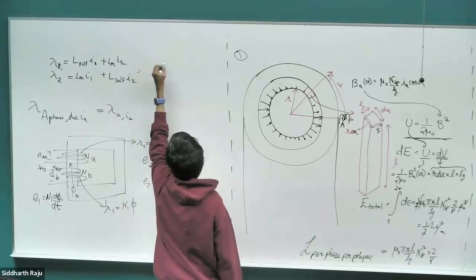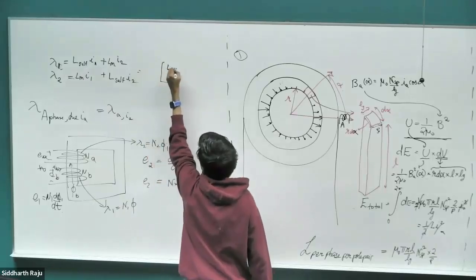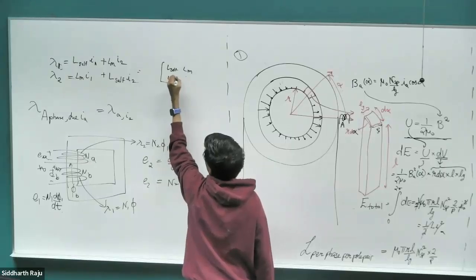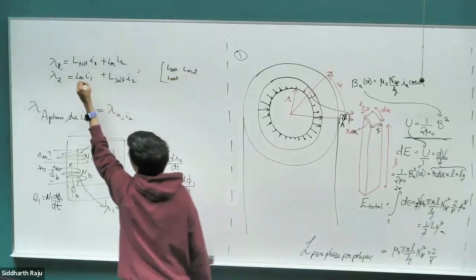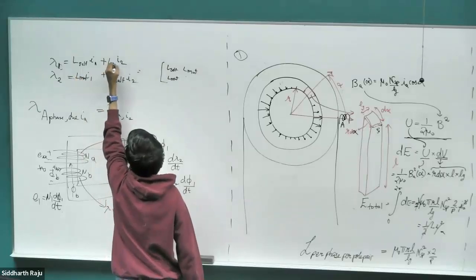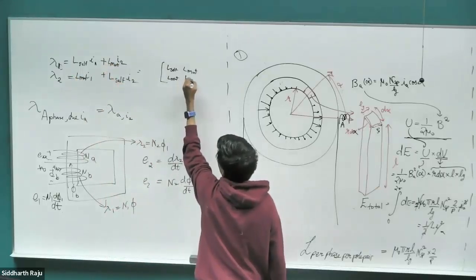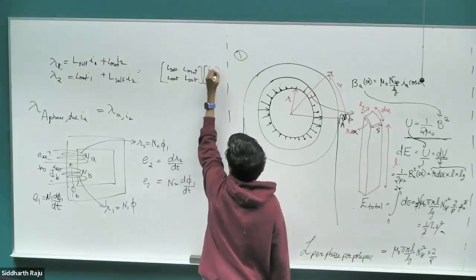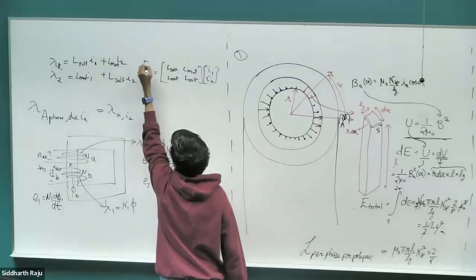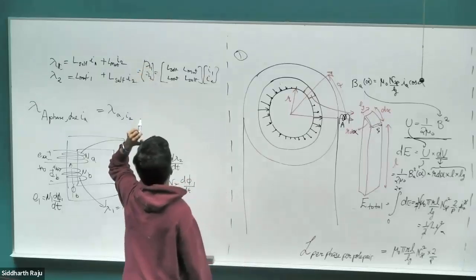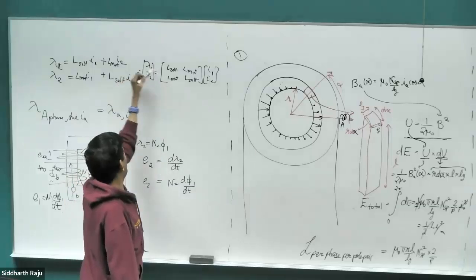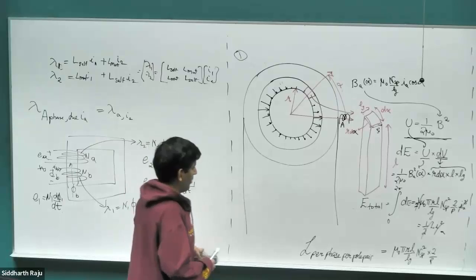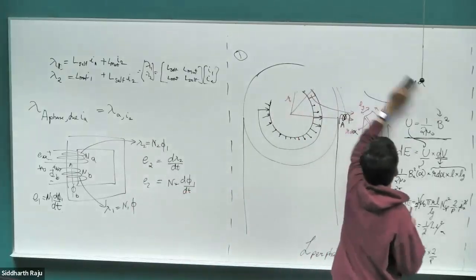You can just put this in a nice matrix notation: L self, L mutual, L mutual, L self, times I1, I2, is equal to lambda 1, lambda 2. Right? So due to its own current, there is some flux linking it. Due to other phase current, there's going to be a flux linking it. So let's do the same thing for our permanent magnet motor.